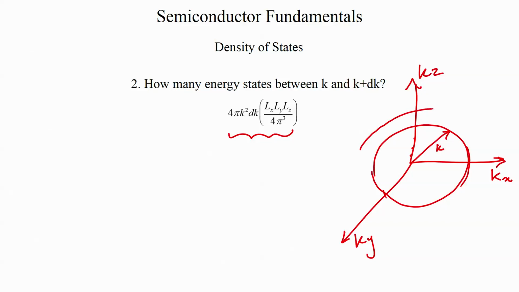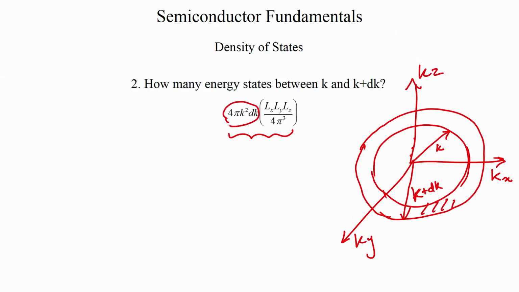All the points that have a radius of k plus dk form another sphere that is concentric to this, and this region has a volume of this much, and there are this many solutions per unit volume. Therefore, there are so many solutions of Schrödinger's equation in this region of interest, just to repeat everything.